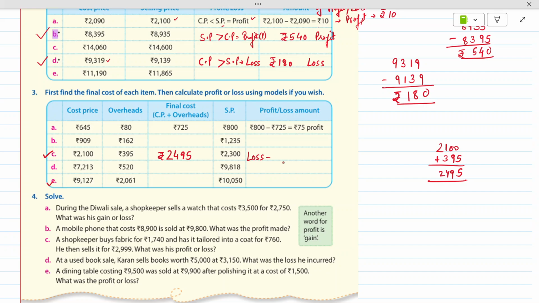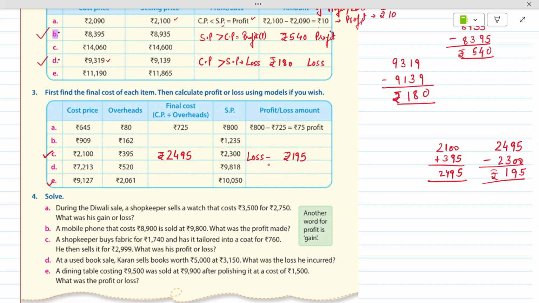Okay, and now the amount of loss we can find by the difference of total cost and the selling price. The total cost we put into that particular product, and the selling price at which we are selling that product. So this will be 2495 minus 2300, which is rupees 195. So there is a loss of rupees 195 in this case.